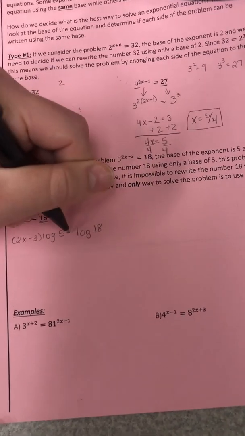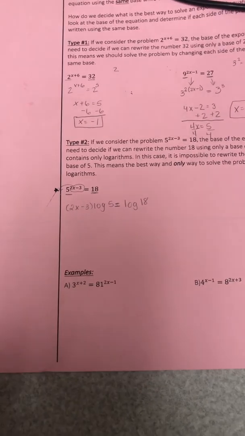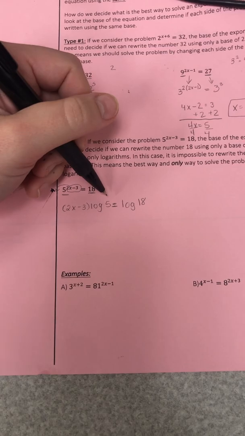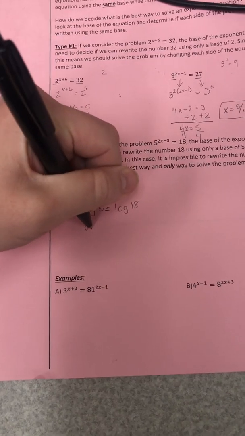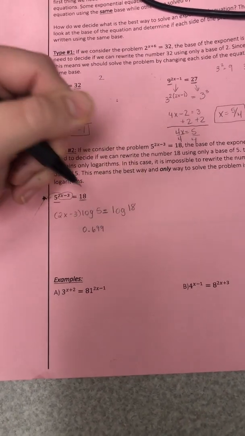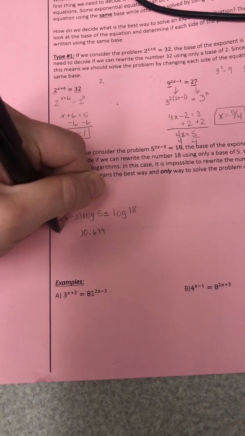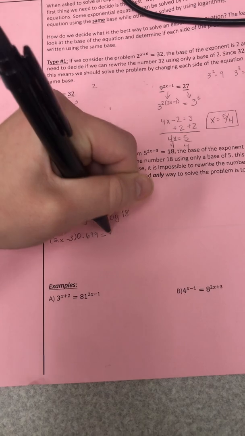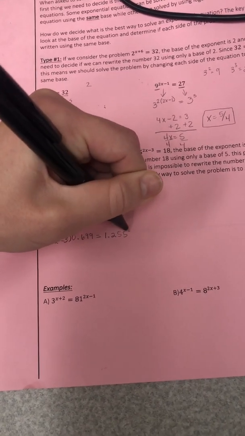is equal to log of 18. Now, you have to use your calculator when you are working with logs. If you were to calculate log of 5, it would be 0.699, around there. I'm going to keep this times the parentheses, 2x minus 3. And then you could also do log of 18, and you would get 1.255.